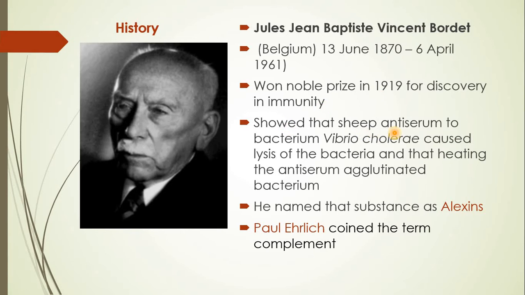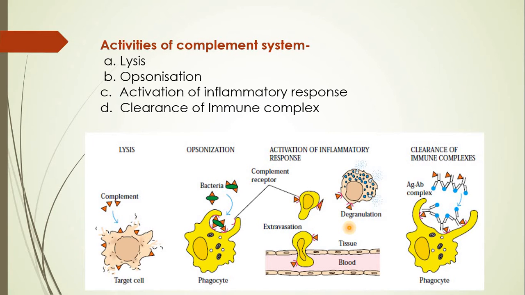He showed that sheep antiserum to the bacterium causing cholera causes lysis, and that heating the antiserum brings about agglutination of the bacterium. Agglutination is clumping of bacteria, and so he named the substance which brings about this as alexin. Later, Paul Ehrlich coined the term complement, and this term complement is commonly used thereafter.